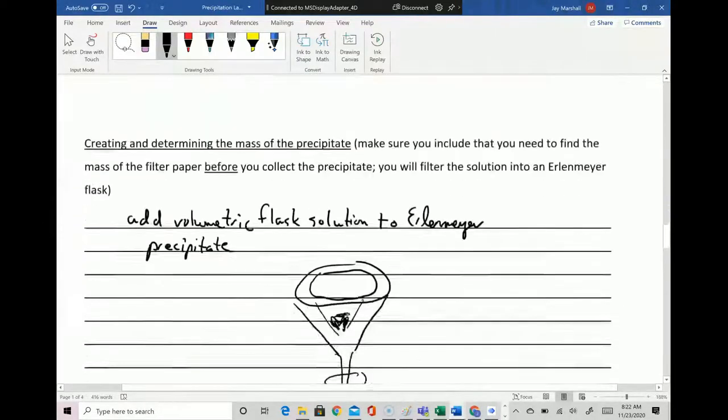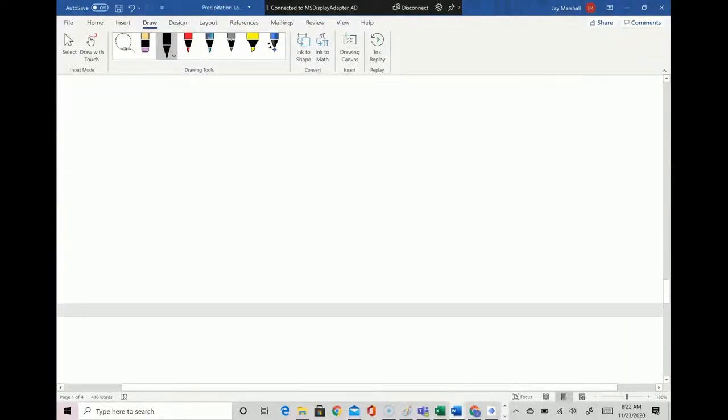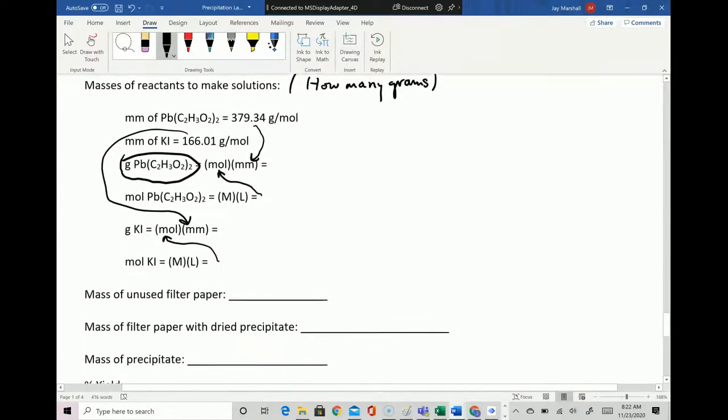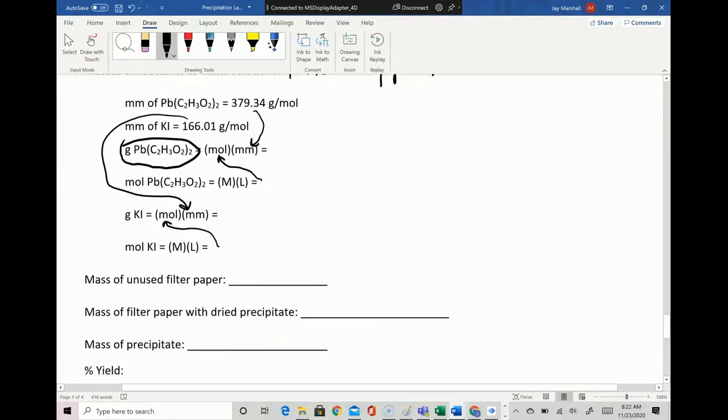And I'm going to go down here and write. Okay, this will also be moles of lead iodide. That should be the number of moles that you get.